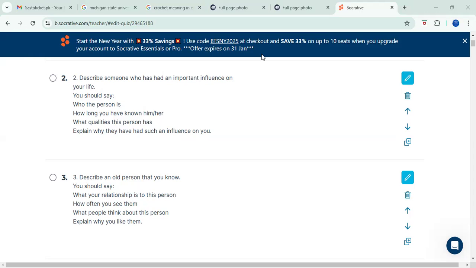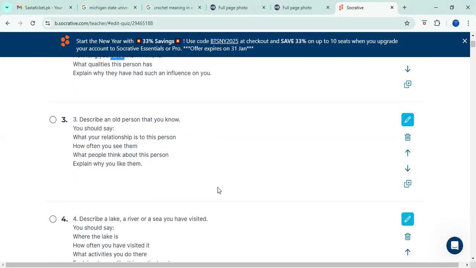It's mainly present, but it is also leading to the past as well. It is leading to past because you already know the person, you have met the person, and there is one question leading you to share your past experience: how long have you known him? So mainly it's a present topic, but some part of it is the past.